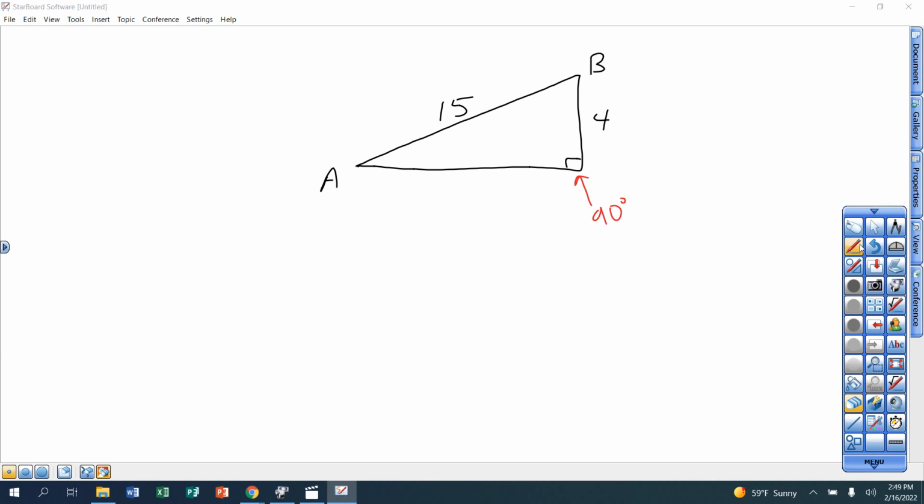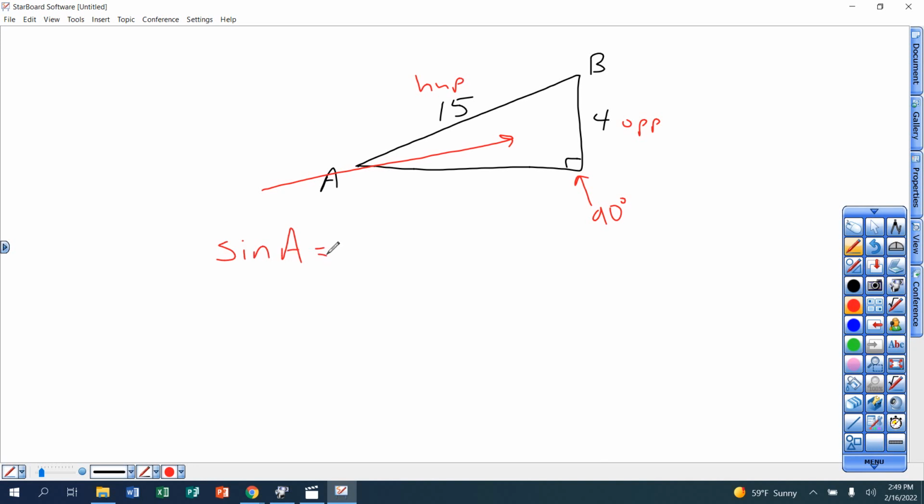Because I want you to find angle A. Yep, I'm giving you the opposite and the hypotenuse. Which formula has opposite hypotenuse? Sine. So if you were trying to find angle A with only these two pieces, you would be forced to use sine.